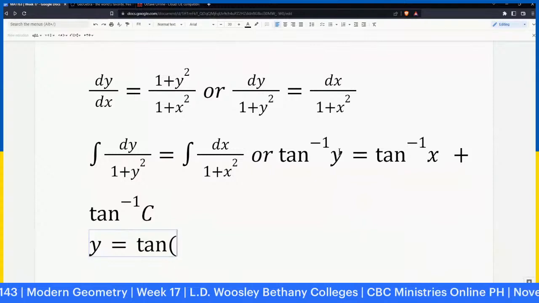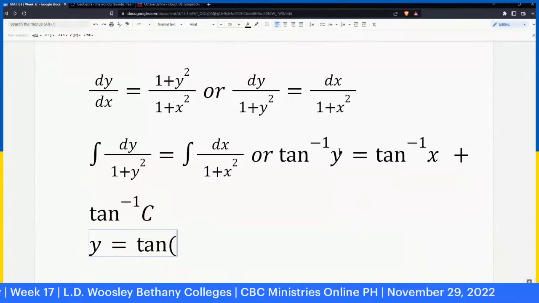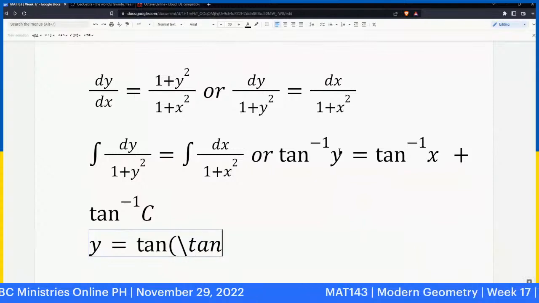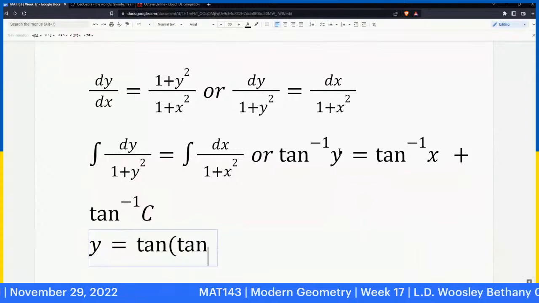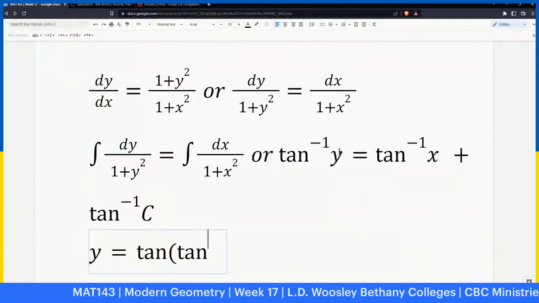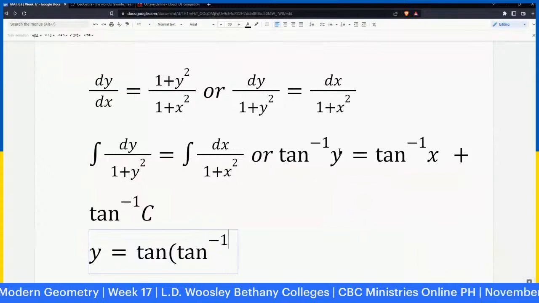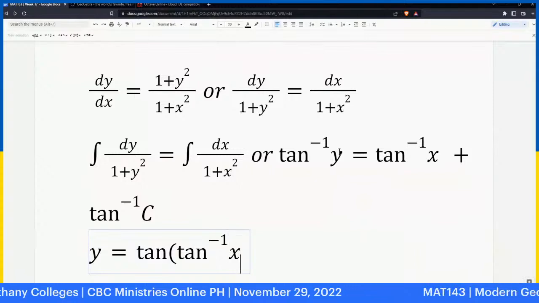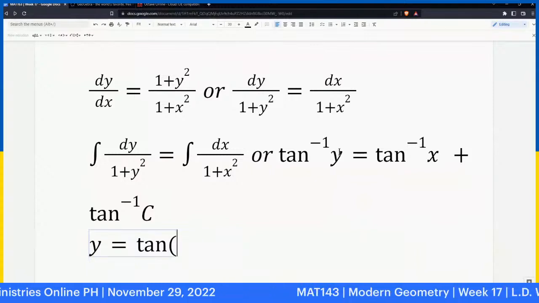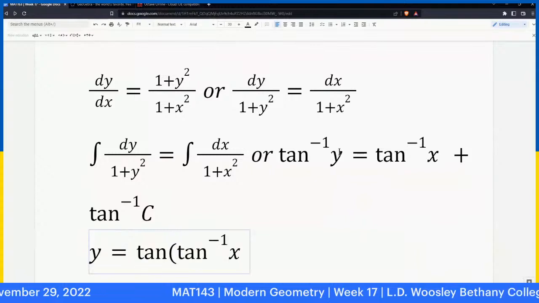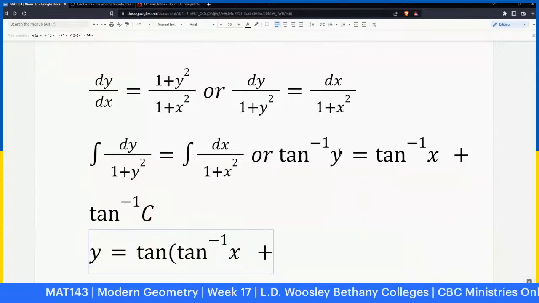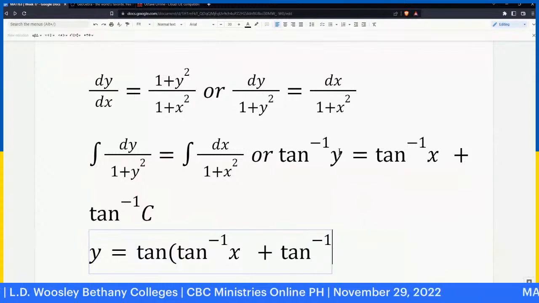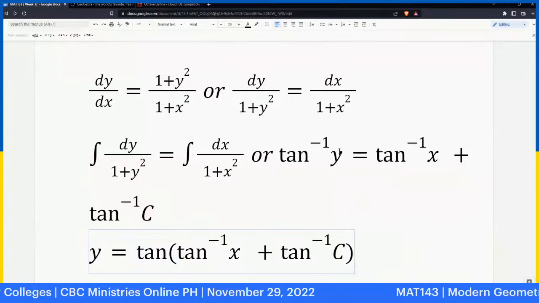Okay? Tangent of what? Of course, kung ano yung nakapaloob sa right side of the equation, which is tangent of arctangent of x plus arctangent of c. Right. So can you simplify?